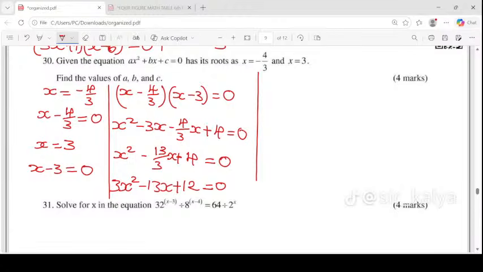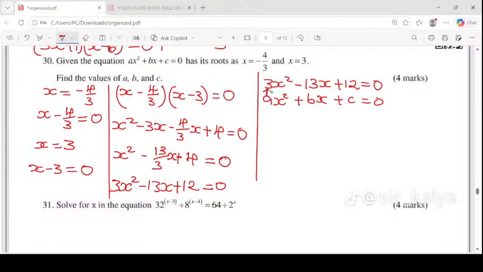So 3x squared minus 13x plus 12 is equal to 0 is matched with ax squared plus bx plus c is equal to 0.